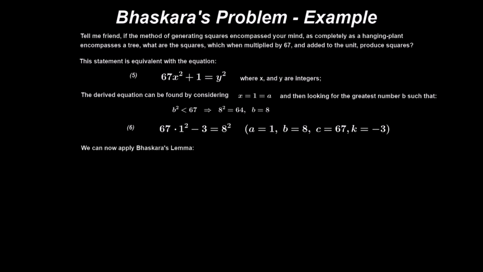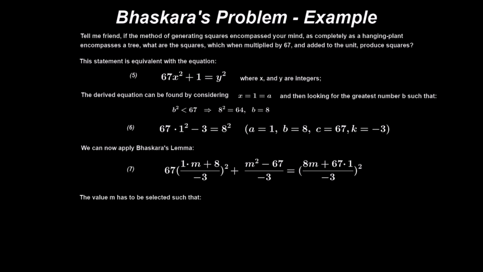Solving this problem requires solving the following Pell's equation: 67x square plus 1 equals y square. The derived equation, corresponding to the initial equation, has the following parameters: a equals 1, b equals 8, c equals 67, and k equals -3.